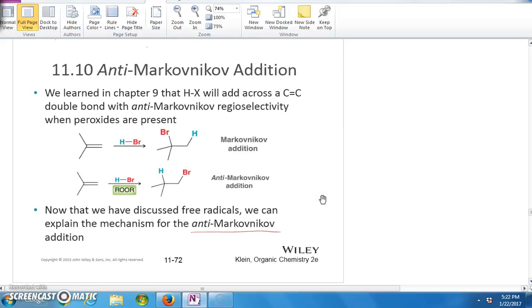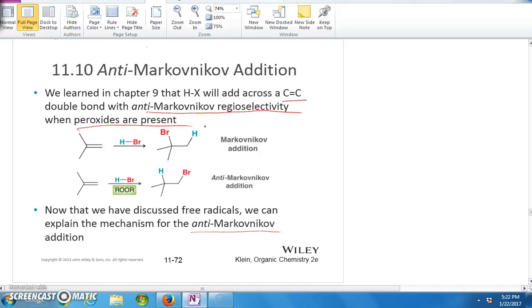Now, we learned in chapter 9 that HX, or a hydrogen halide, will add across the carbon-carbon double bond via the anti-Markovnikov reaction, especially when peroxides are present.